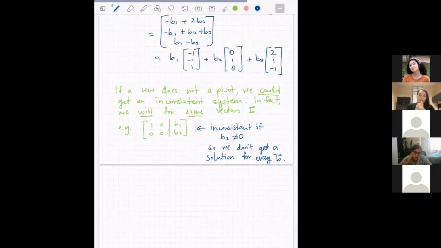Okay, so this is the definition of onto, and we also have another definition to go over, which is a one-to-one function.